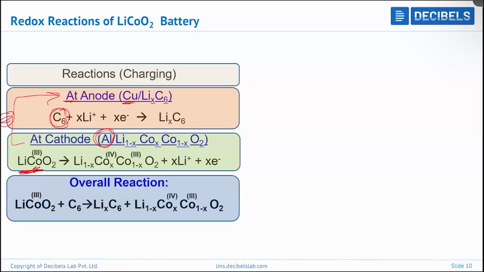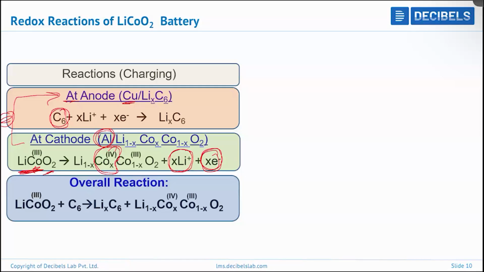This undergoes oxidation to give x electrons, and it becomes +4. So x cobalt lose x electrons from +3 to +4 oxidation state, and at the same time, the same quantity of lithium ions are deintercalated from the lithium cobalt oxide matrix.